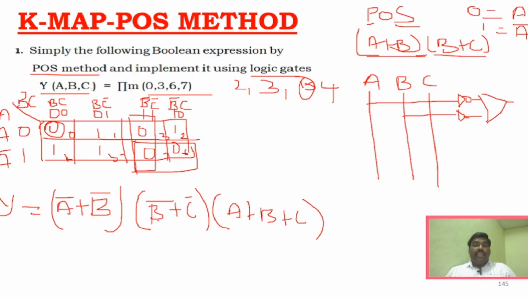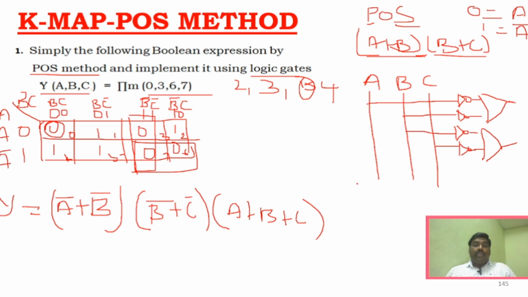And then B bar, C bar. So I will use a NOT gate for B bar, and similarly for C bar, I will use a NOT gate. And again, it is a summation, so I'm going to use an OR gate here.